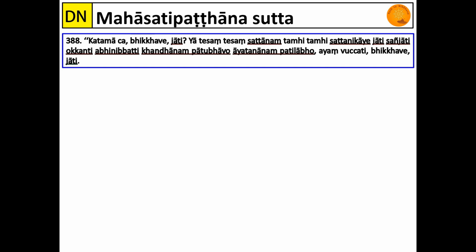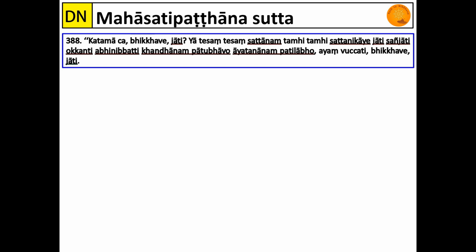Jati sanjati, then okkanti abhinibbanti. So how the asada is created is what is explained here. Right? They are saying jati, then you attach with raga, dosa, moha, and then you create internally, you do the internal creation, and then ayatanam patilabho comes, which is salayatana.